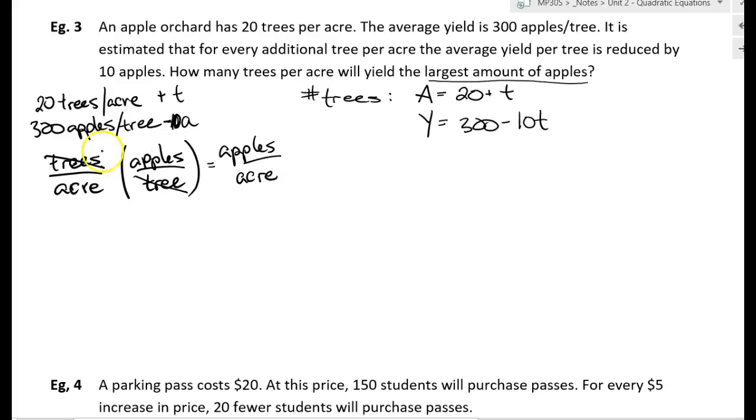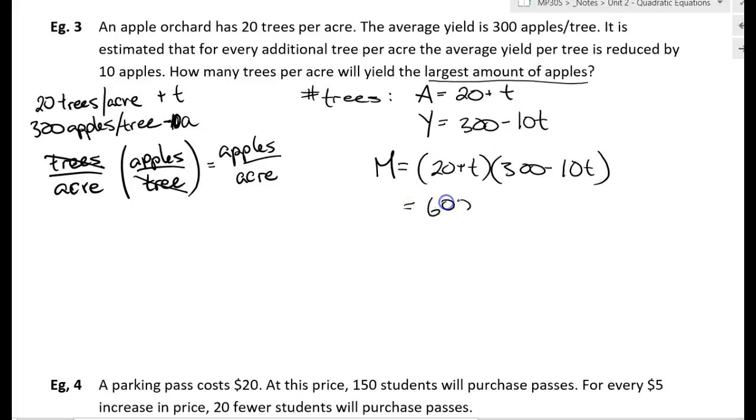So I need to multiply these two statements. So A is trees per acre, Y is apples per tree, and so my total number of apples, I'm going to use M just for maximum, is going to be 20 plus t times 300 minus 10t. From here, I'm going to use FOIL to expand this.